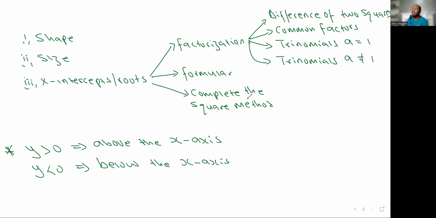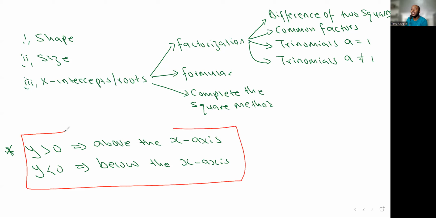So when you want to graph, there's something to keep in mind. If the inequality is y is greater than 0, that means the solution is going to be above the x-axis. Same thing with greater than or equal to. And if it's less than 0, it's going to be below the x-axis. Same thing with less than or equal to.